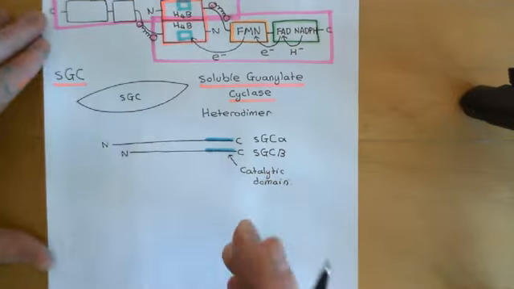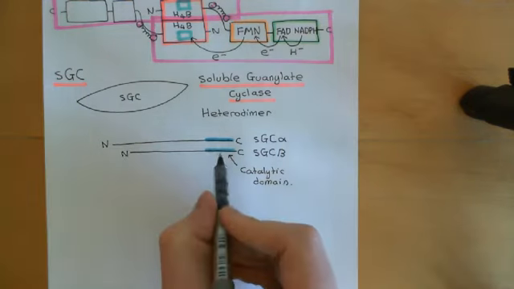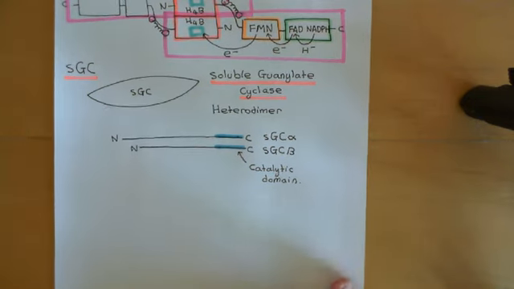Contrast this to the eNOS enzyme. In the eNOS enzyme you had this dimerization which resulted in 2 separate functional enzymes. In the soluble guanylate cyclase you have this dimerization which just results in 1 functional enzyme. So you need both of these to dimerize together to produce a functional enzyme.